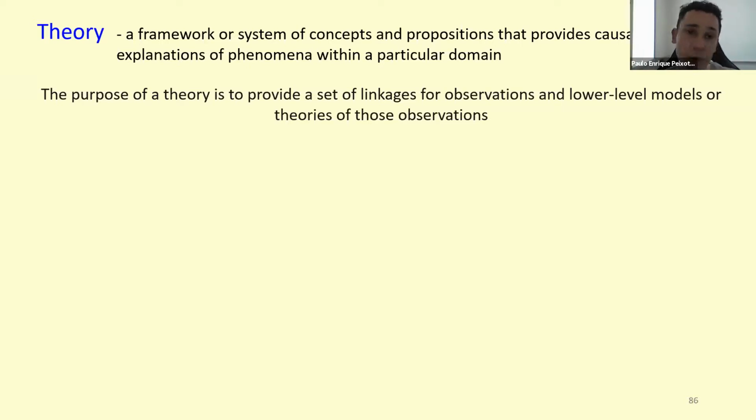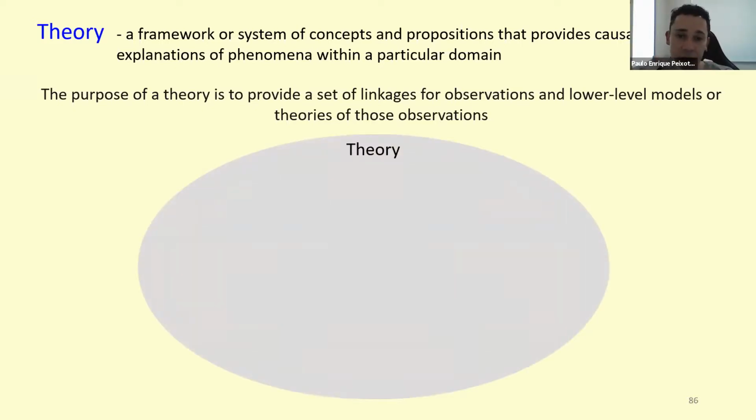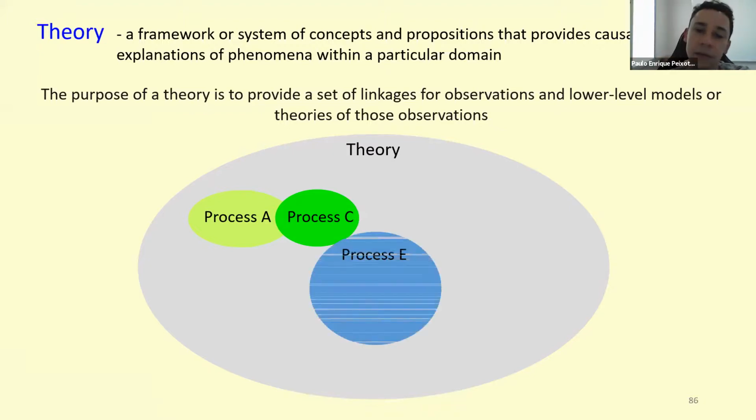So if I could draw a theory, I imagine that a theory should be something like this, but bigger, that may contain processes inside it. For example, this theory may contain process A, which is part of this theory. It could be related to another process, which is process C, for example, and is highly related to A. It could have another process that is major than the others, is greater.